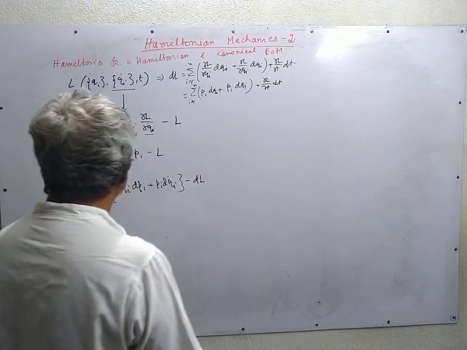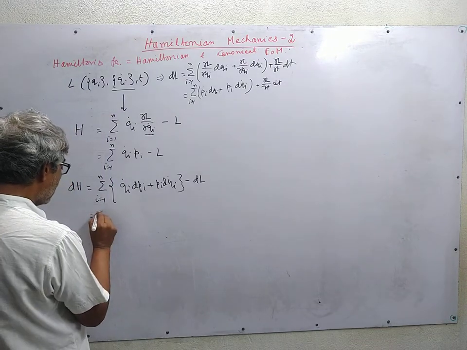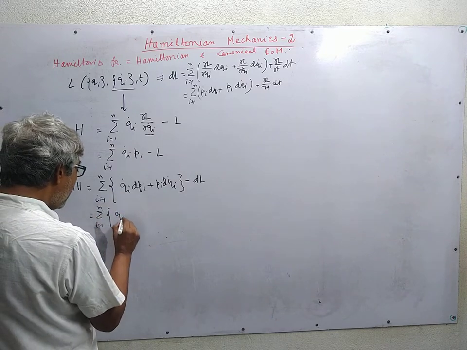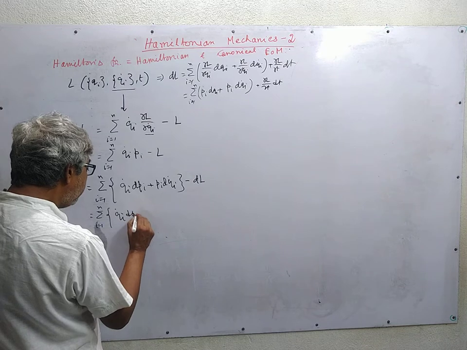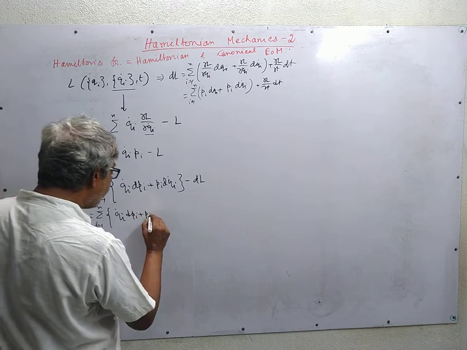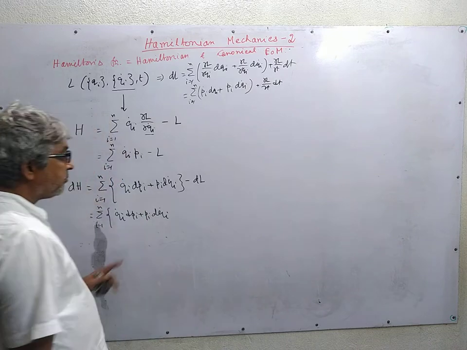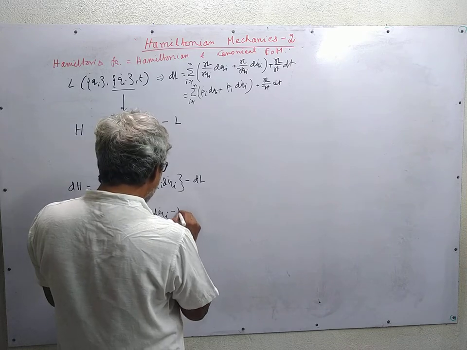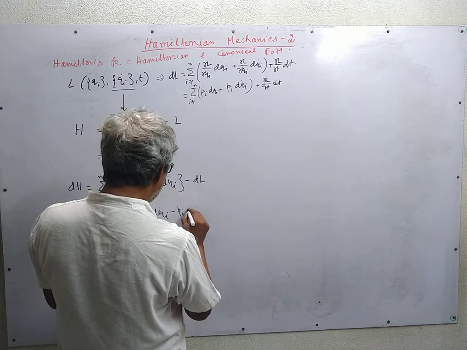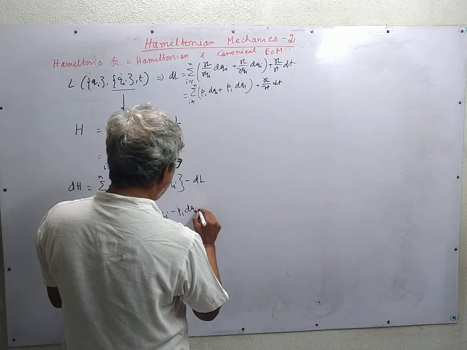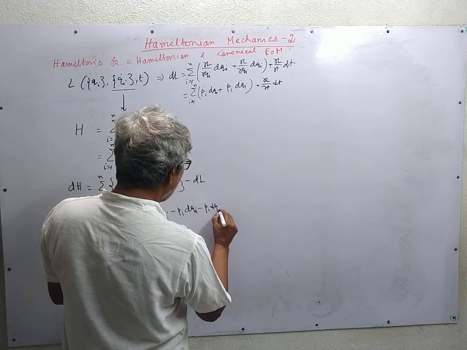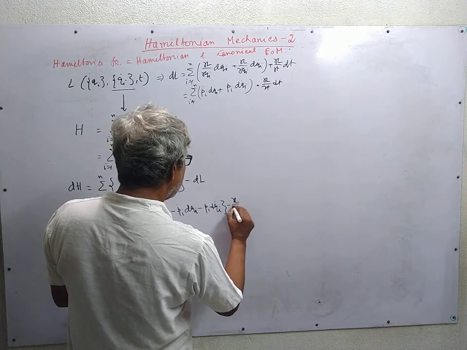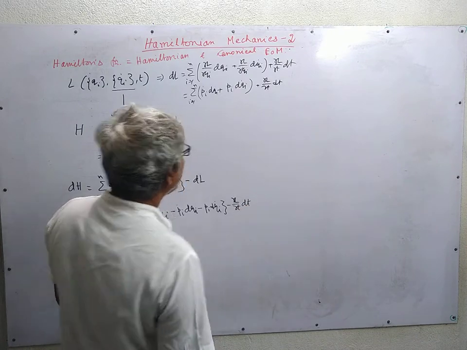We plug this in, so we get the summation over i equal to 1 to n of Qi dot dPi plus Pi dQi dot, from this part, minus Pi dot dQi minus Pi dQi dot, minus ∂L/∂t dt.